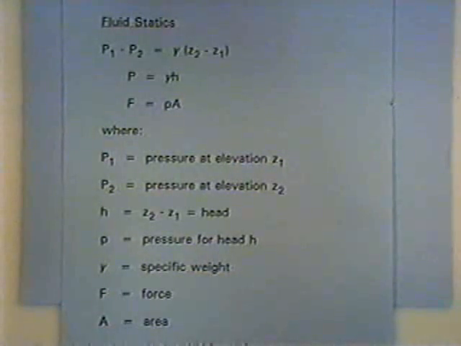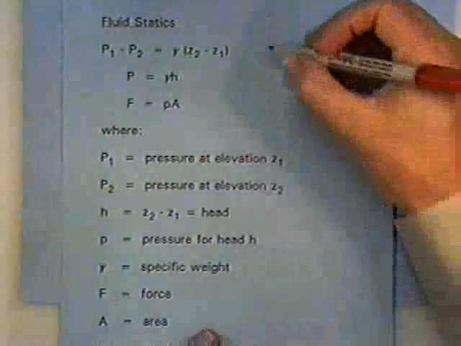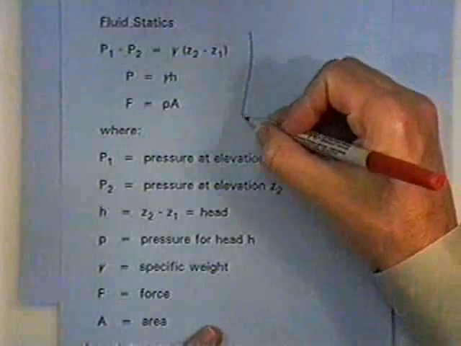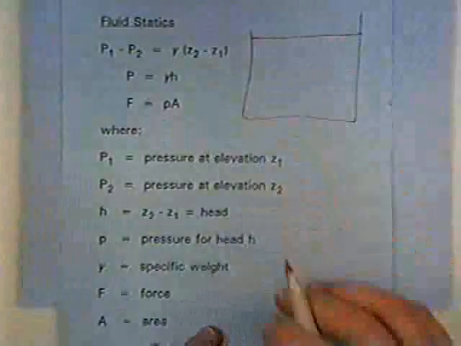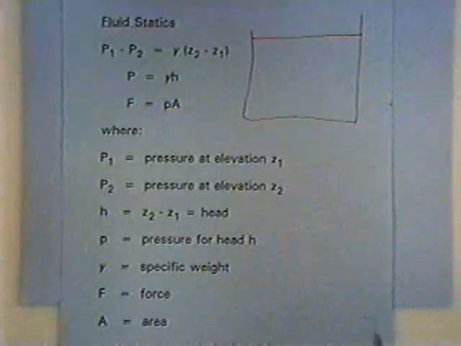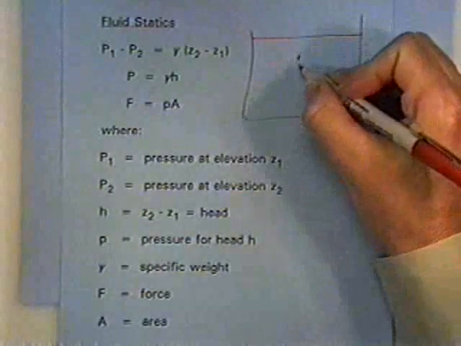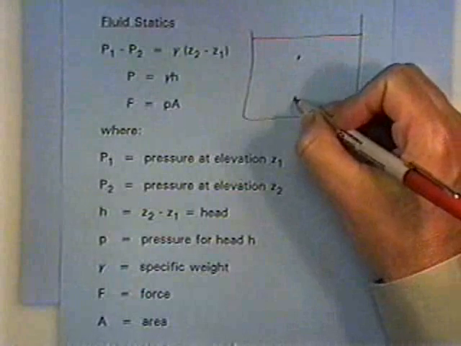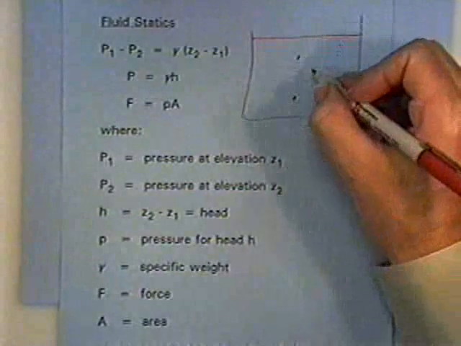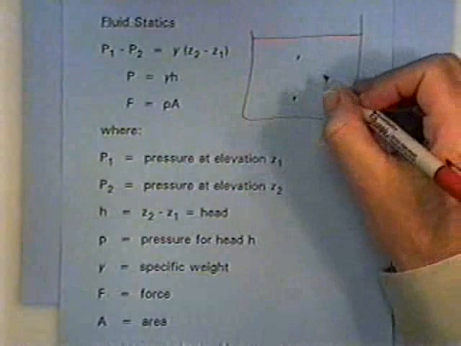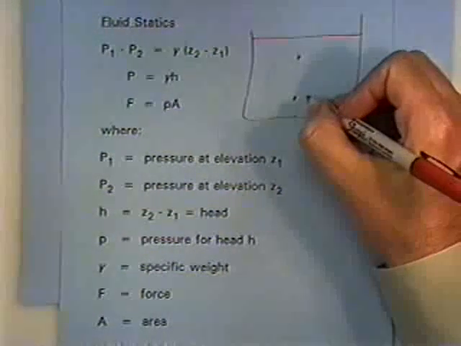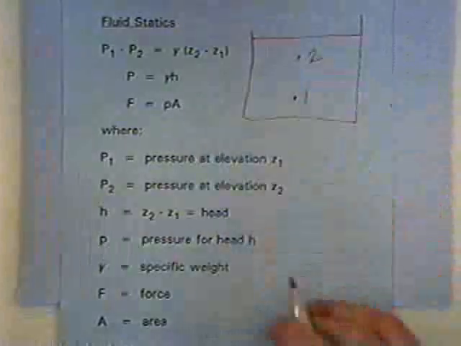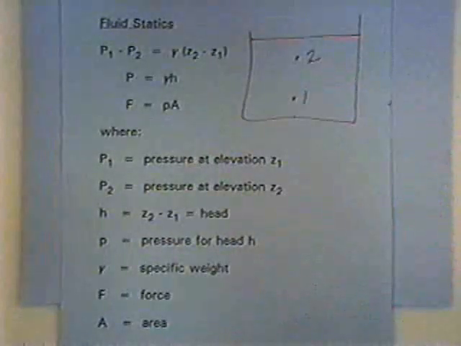And so the basic concept in this equation: if we've got a container of fluid, let's say it's water or oil or some liquid, and we've got two points, point 1 and point 2, and we want to know the difference in pressure between those points.